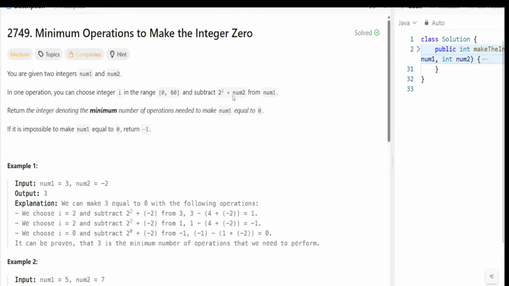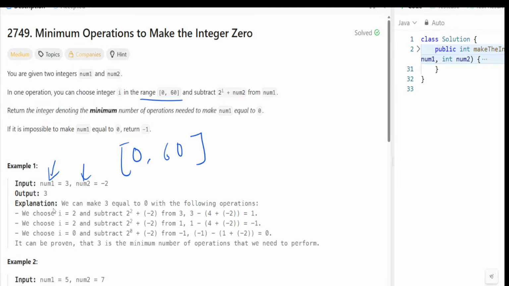Very first, let's understand what we have given. We have two integers, num1 and num2. It is also saying the range is between 0 and 60, and this is the bound.